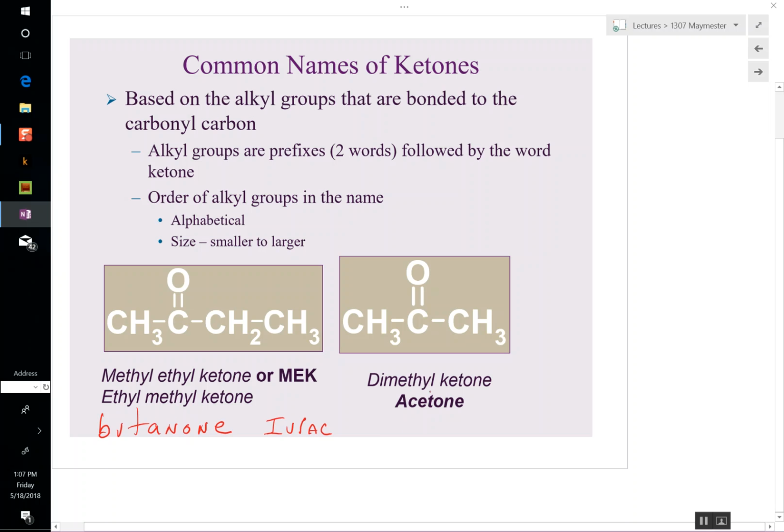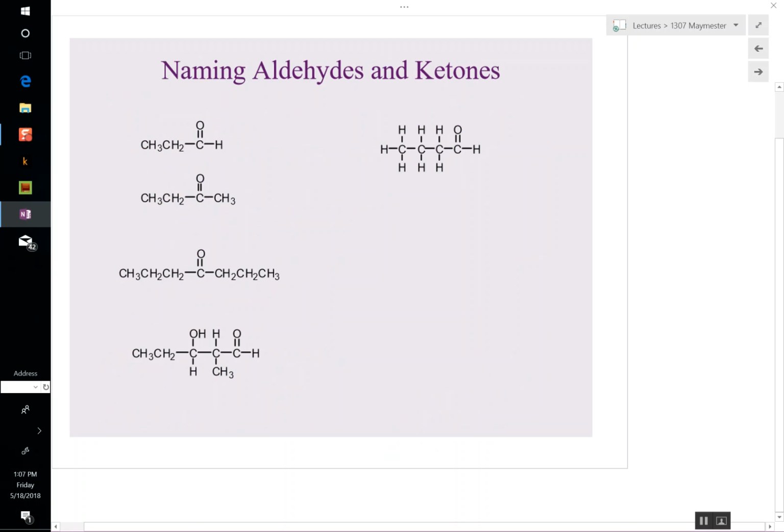Acetone, dimethyl ketone, or propanone. It's almost always called acetone. Okay. Again, 5 minutes. Name these aldehydes and ketones.